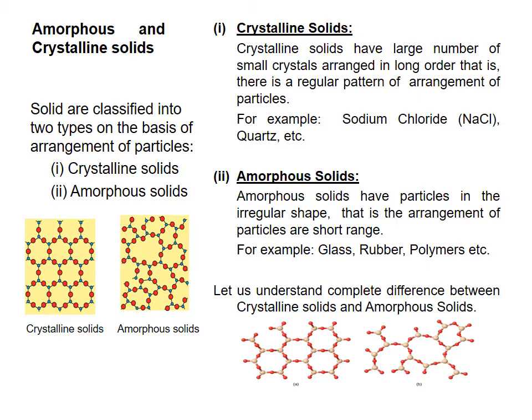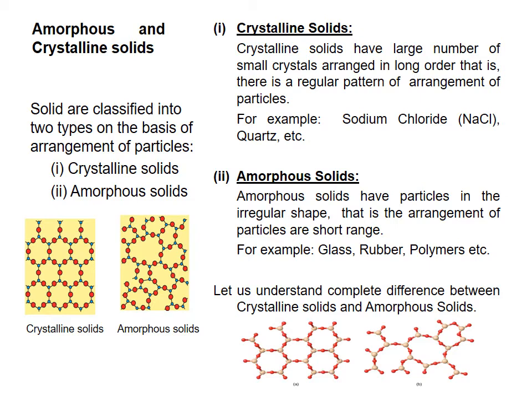So crystalline solids are defined as solids whose particles arrange themselves in a regular arrangement with long range order. You can give examples such as common salt, graphite, diamond, etc.